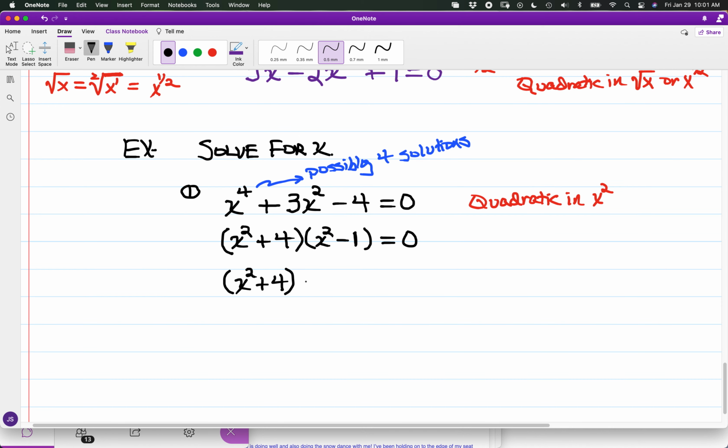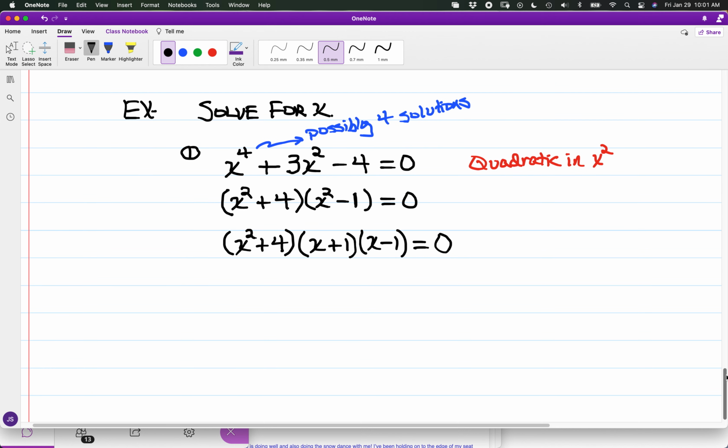Now for x squared minus 1, we have a case of the difference of perfect squares, and you can factor in this case where x squared minus 1 goes to x plus 1 as well as x minus 1. So we have 3 factors here, one in second degree and the other two first order.